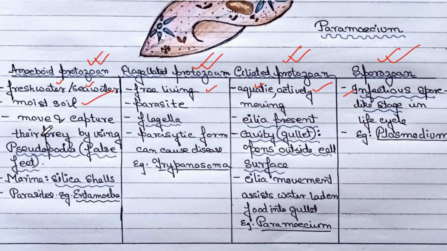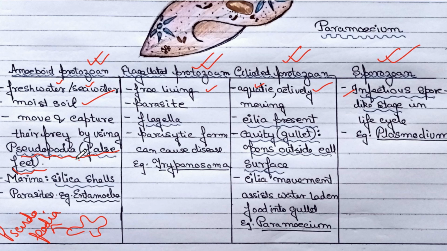Amoeboid protozoa move and capture their prey by using pseudopodia or false feet. Like this is one pseudopodia or false feet. So what is the main character of amoeboid protozoa?